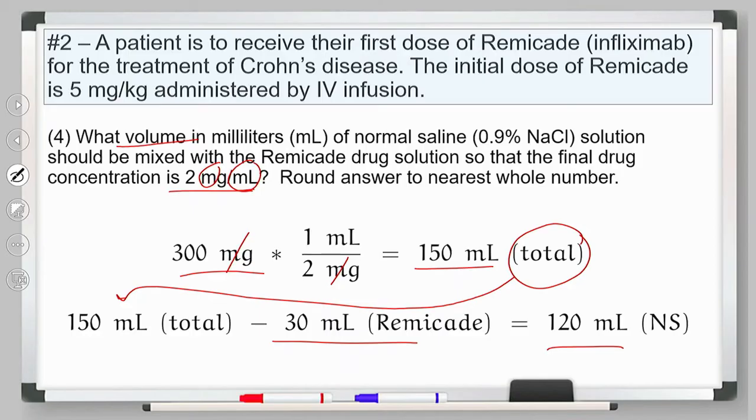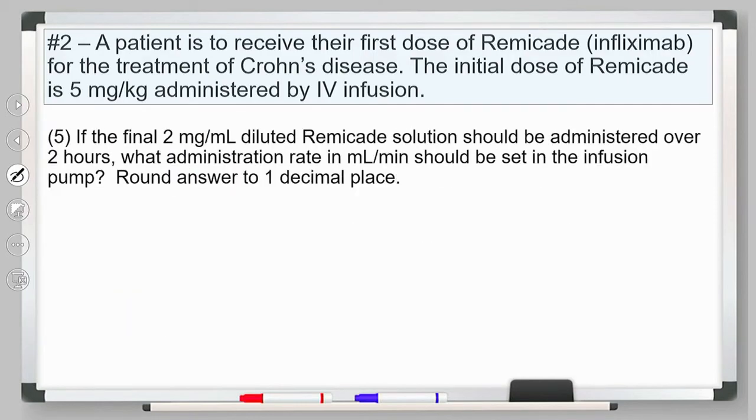In this case, isotonic sodium chloride solution, 0.9% sodium chloride, added 120 mils of that plus my 30 mils of drug gives me my 150 mils total, which would give me a 2 milligram per mil solution. Okay? I don't know if I described that well, but hopefully you can do those.